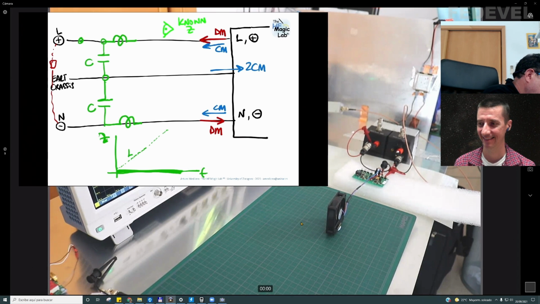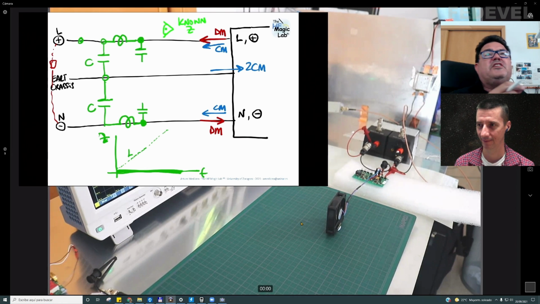And then, the impedance that is important is the impedance we see from this point and from this point to the left. So now I put another capacitor here and another capacitor here. Why these capacitors? This capacitor is some kind of way to sample the noise.